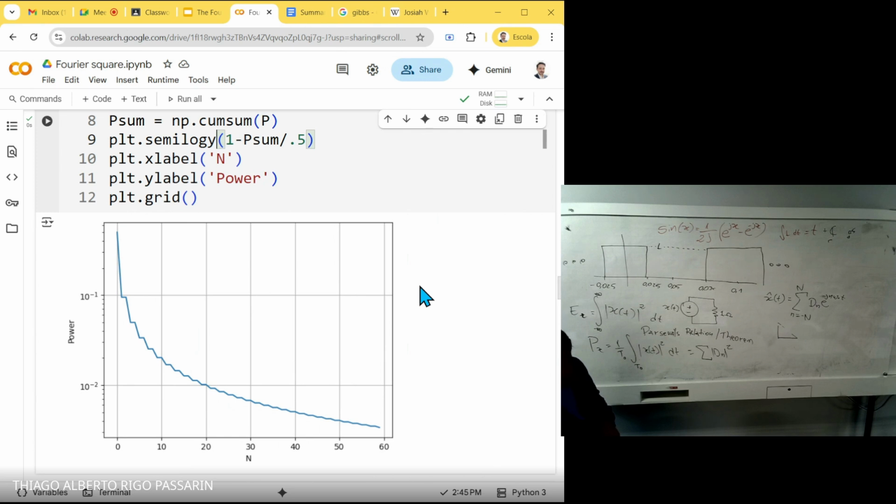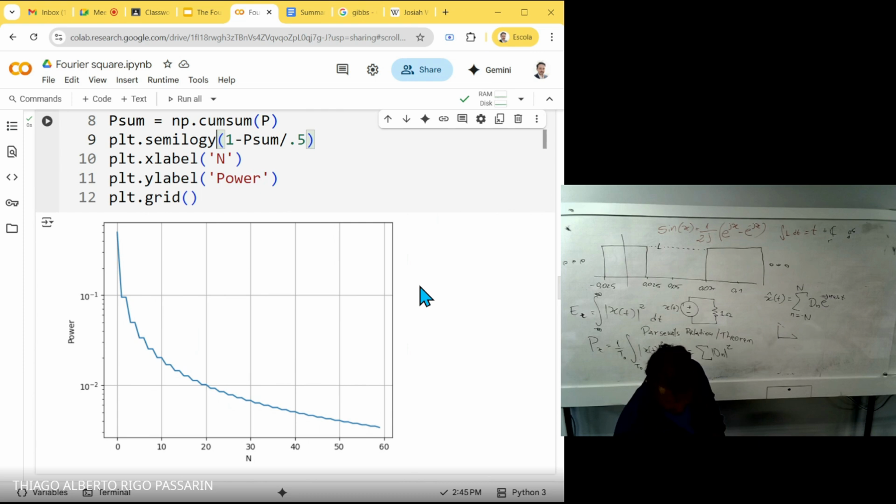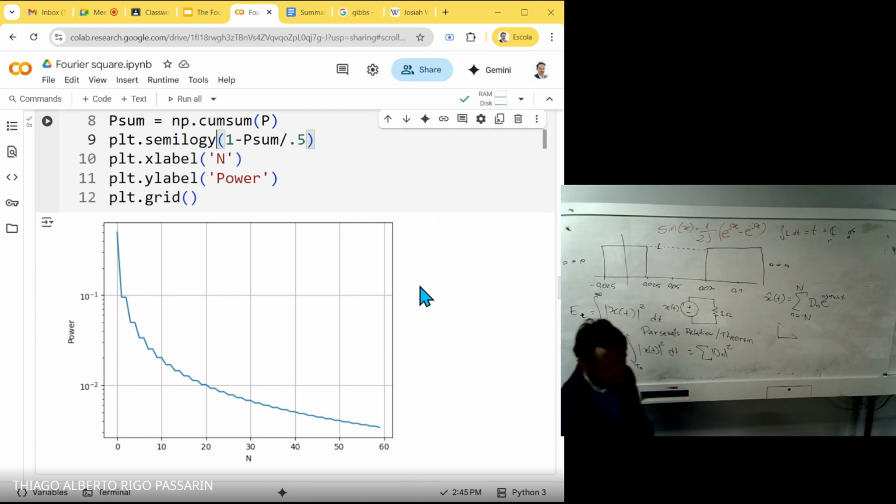Just out of curiosity, this concept of energy and power, what would be a good application in real life? Exactly this, measuring how close we are to a certain signal when we do an approximate representation. How similar signals are. Suppose you have a signal X and Y. You would compute the energy or power of the difference.